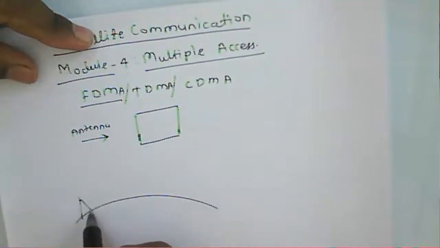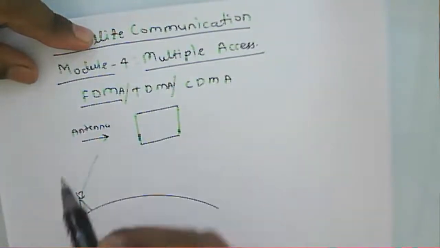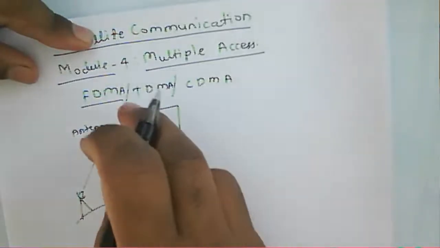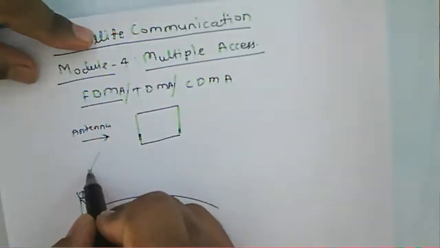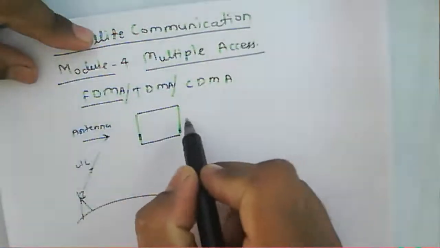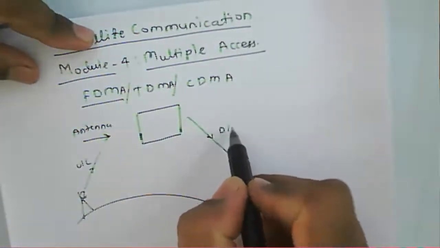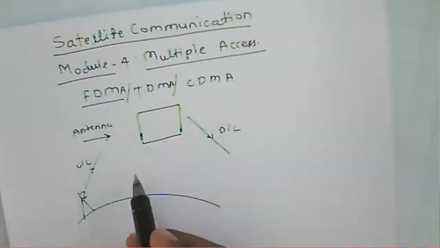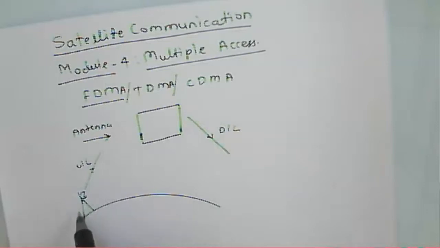The earth station transmits the signal to the satellite, and the transponder converts the uplink signal and transmits it on the downlink. This is the transmission of a signal from the earth station to the transponder.